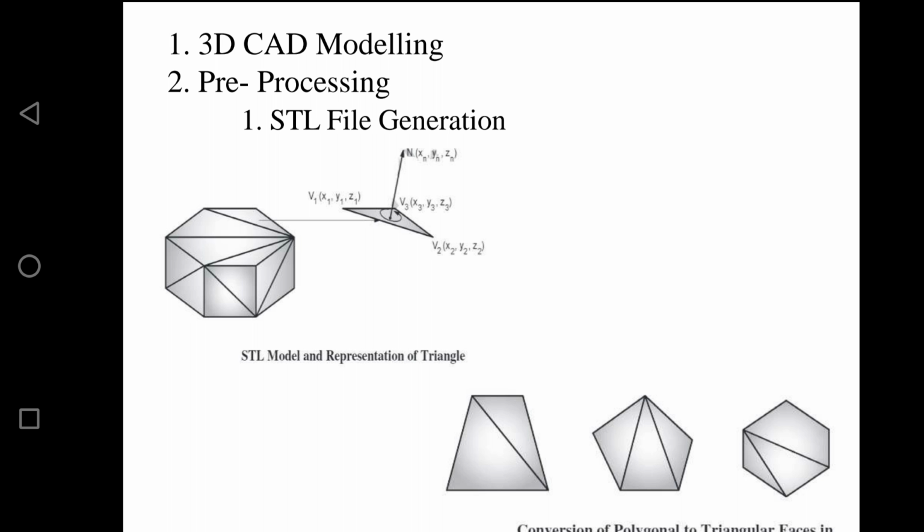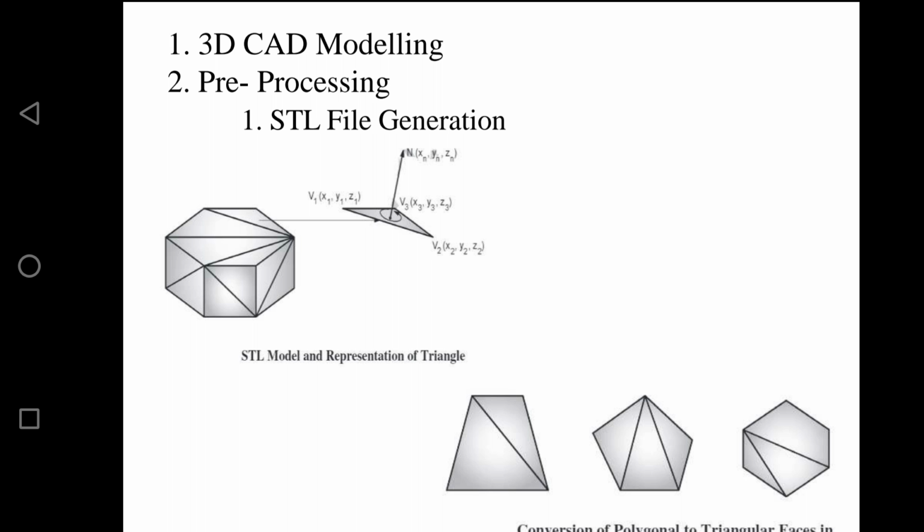So what is this STL file? STL means stereolithography format, or you can call it standard tessellation language. Let's say you are designing or modeling an object in different CAD graphic packages.